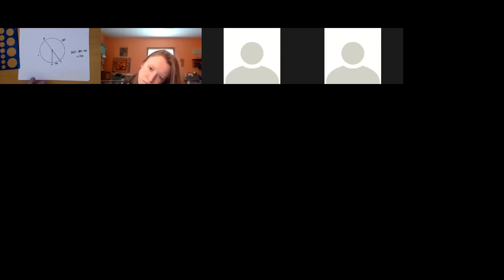That's the big takeaway idea, ladies and gentlemen, that the whole circle's 360. Half a circle is 180. And things are either going to add up to a whole circle or add up to half a circle. Okay? Just looking at the pictures.